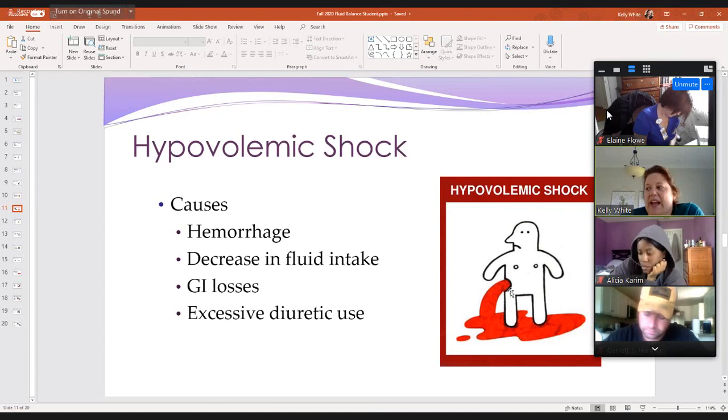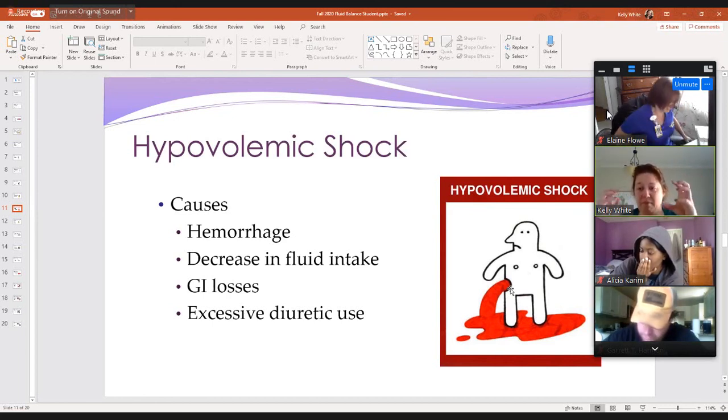So you're going to have a very marked decrease in circulating blood volume. You're going to see that in traumas or maybe a ruptured ectopic pregnancy. You may see that in placenta previa or placental abruption, where the placenta tears away from where it's supposed to be, and it will cause lots of hemorrhaging.